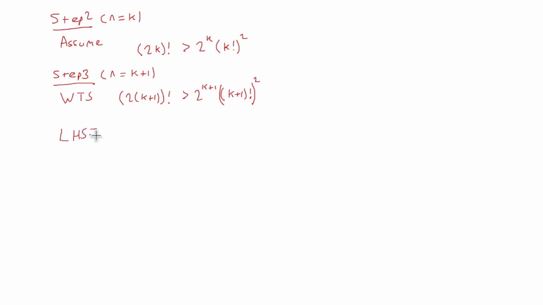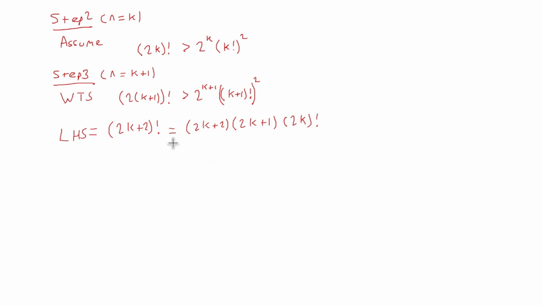So starting with the left-hand side, let's simplify that a little bit. That's 2k plus 2 factorial. And I'm going to split that up into 2k plus 2 times 2k plus 1 times 2k factorial by breaking up our factorial and pulling it apart a little bit.